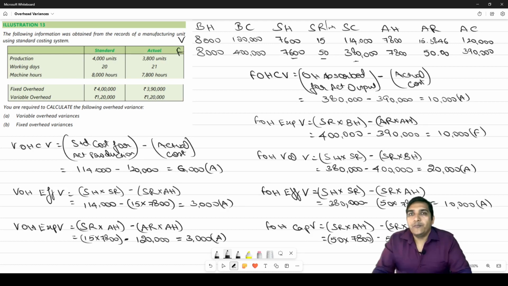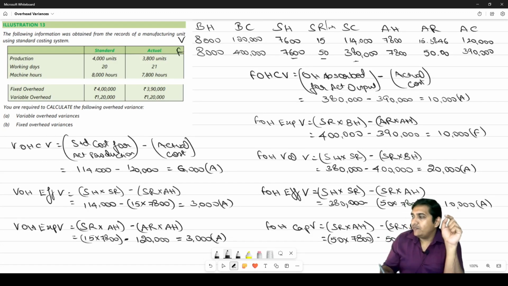into, now here there is a small catch. We had discussed this in the previous problem as well. When we are doing capacity variance, we will take budgeted hours for actual number of days worked.